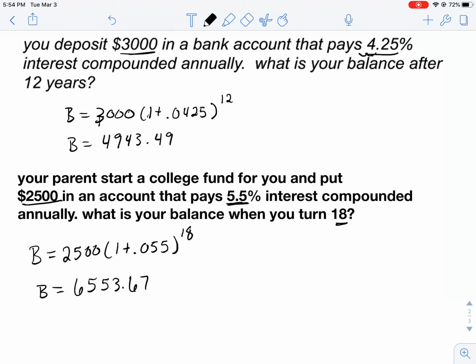So there it more than doubles, and that $2,500 turns into $6,500 over that span of 18 years.